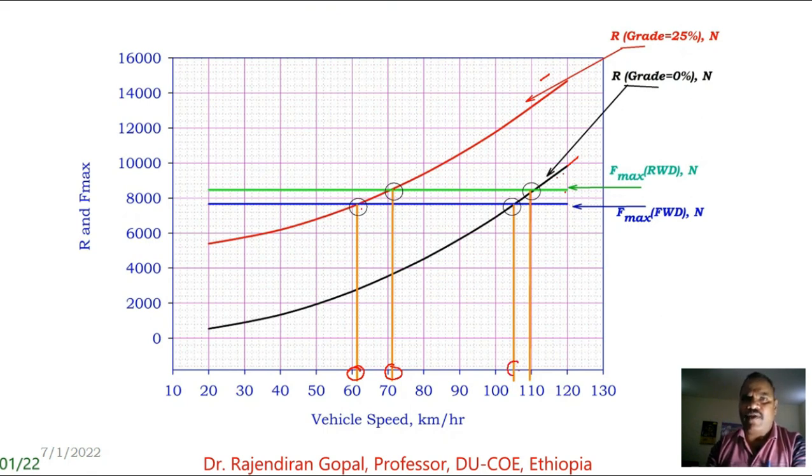Here is 105 km per hour and 111 km per hour for the front and the rear wheel drive. The maximum thrust available with respect to vehicle speed is the gap between the tractive effort available and the resistance. This much in the case of rear wheel drive, this much in the case of front wheel drive.